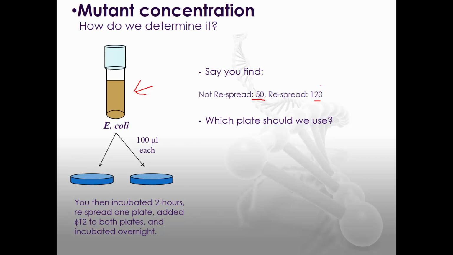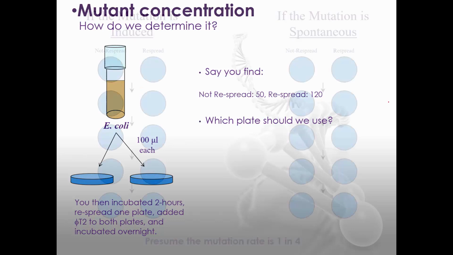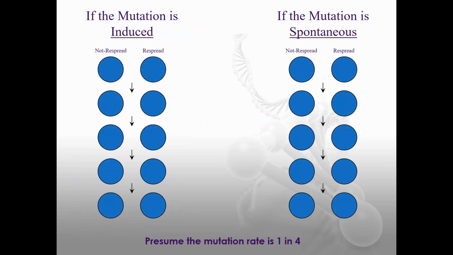And so how do we figure out whether this tells us whether it's induced or spontaneous before we move to the viable cell count? Well, remember there are two possibilities. It is not going to be both of these things. It's going to be one or the other. Okay?